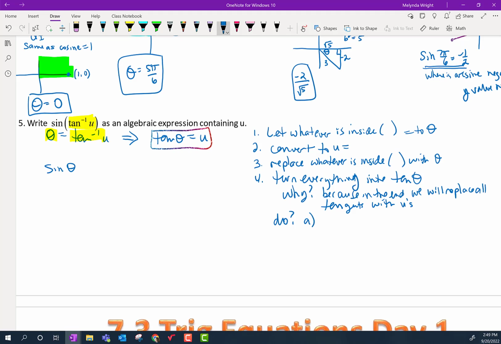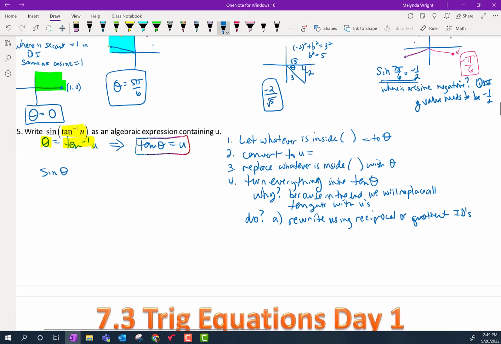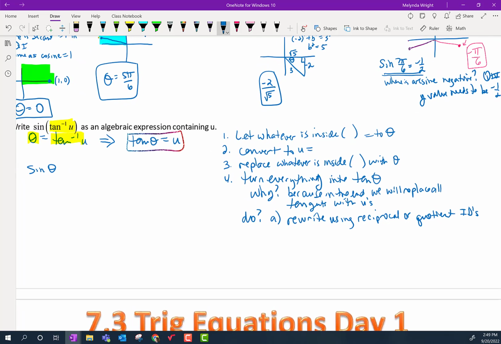We'll call this A. You could rewrite using reciprocal or quotient identities. Okay, so I could turn sine into 1 over cosecant, which is probably the easiest thing. I could do that.